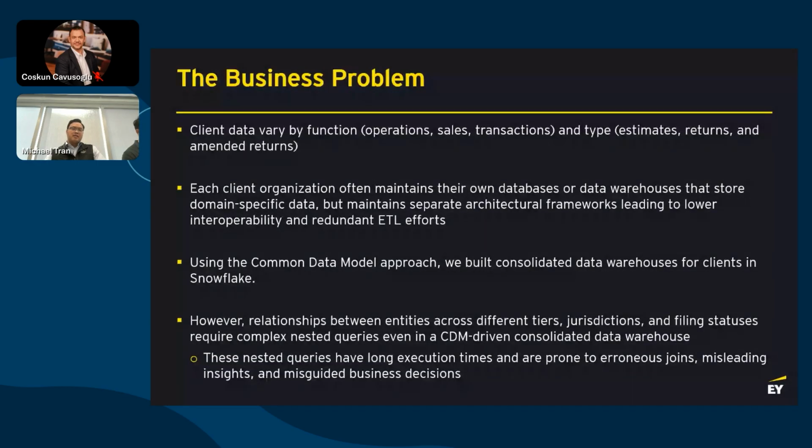There are a lot of different tax processes, and we really need to bring all this data together across our entire client's organization. One of the common challenges across many organizations is that each piece of the organization has its own technology. They might have their own databases, and their own platforms that they're using.